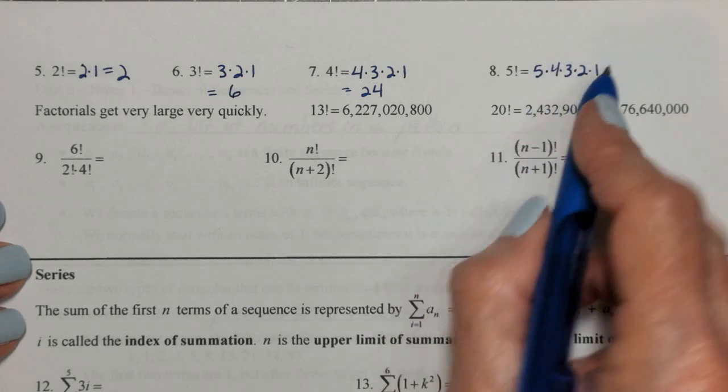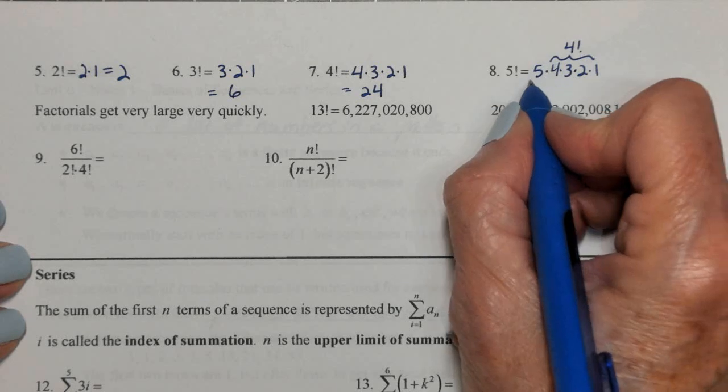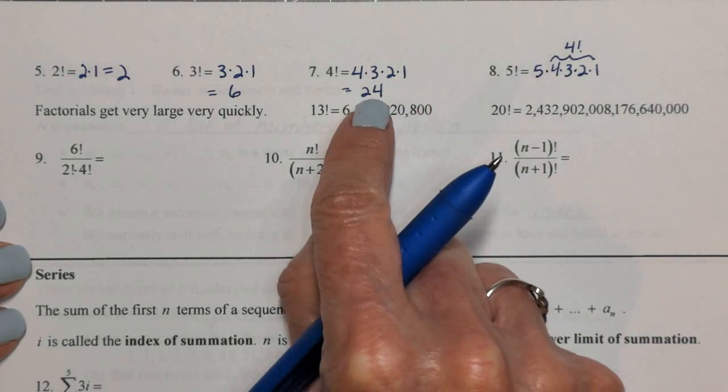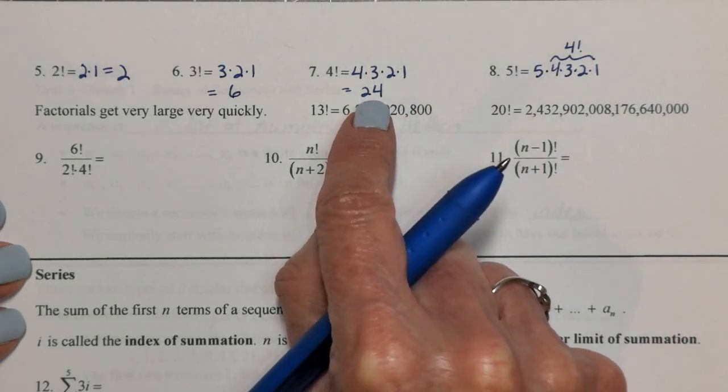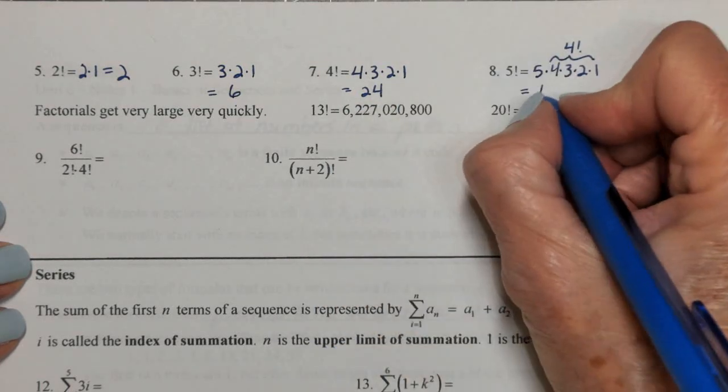That is, watch this, 4 factorial times 5, right? This was 4 factorial. If I multiply that times 5, I'll get 5 factorial. And 5 times 24 is 120.